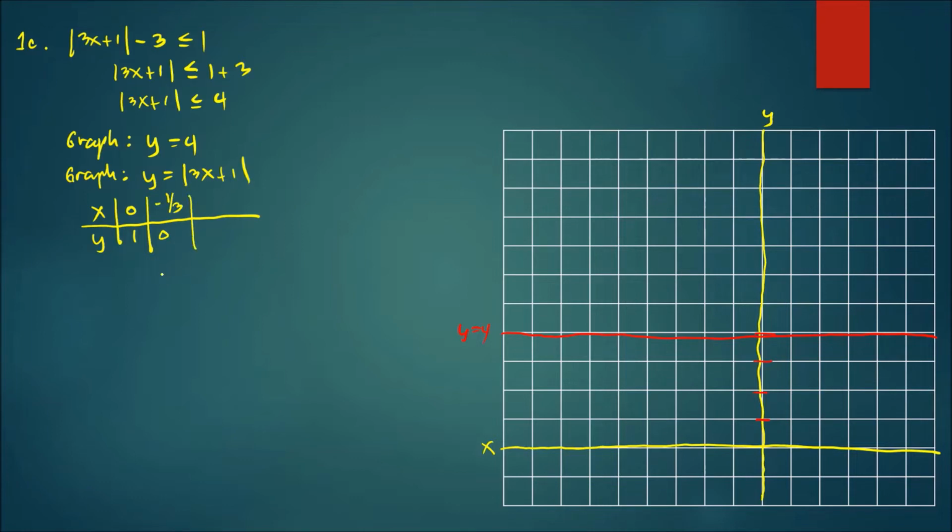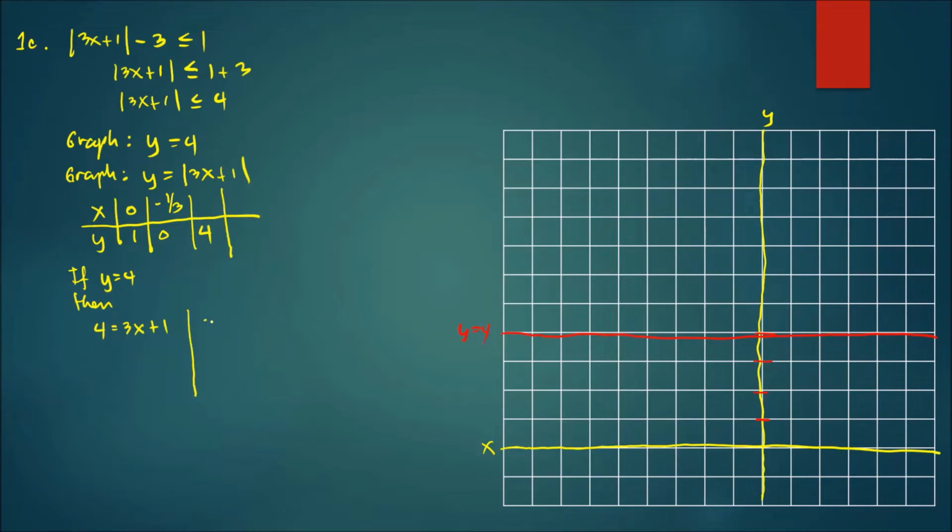Okay. Now, we know that we need to get the intersection of the modulus with the line y is equal to 4. So to get that intersection, we plug in 4 to y, then solve for x. If y is equal to 4, then that would be 4 is equal to 3x plus 1.